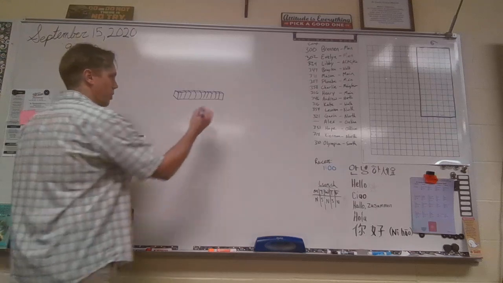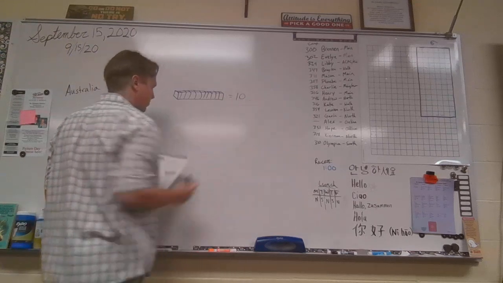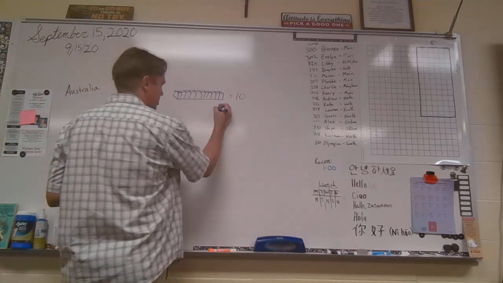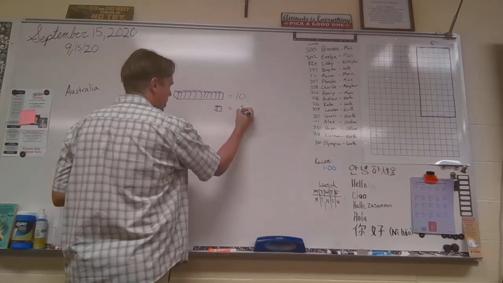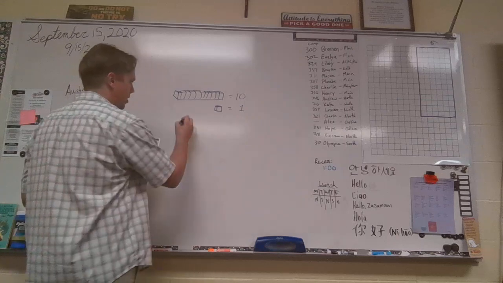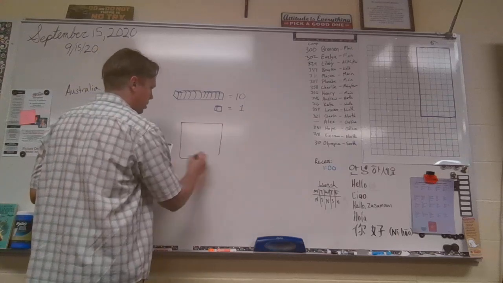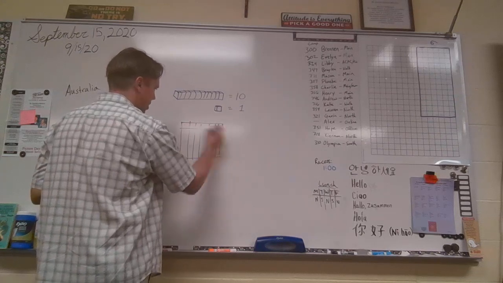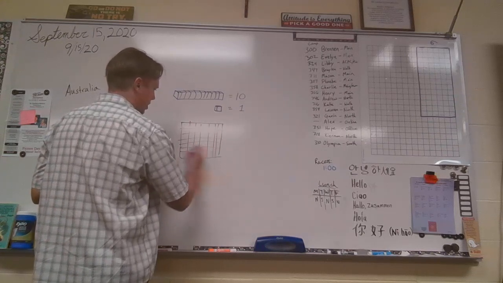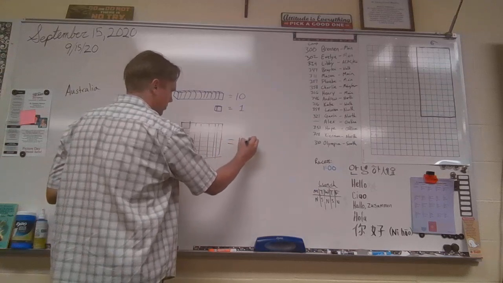So these are always worth 10. If you have just the one little tiny one, that's worth 1. If you have a big, long one, usually got 10 lines going up and down, 10 lines going side to side, that's 100.